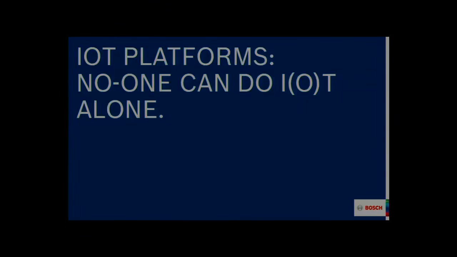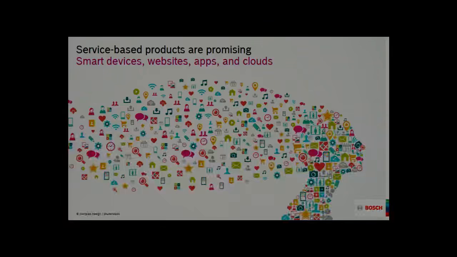So IoT platforms, as I said: doing that on your own, saying, okay, it's just us, normally that's not a good idea, because cross-domain and cross-vendor are the things. And the interesting things coming up are the service-based products in the IoT area, now possible especially for industrial manufacturers.